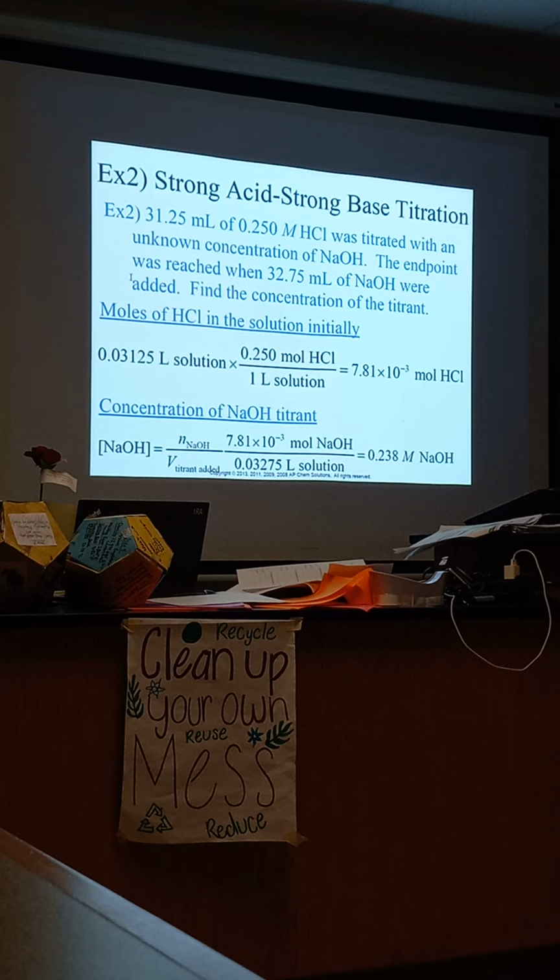How come the moles are the same? Oh, it's because it's at the end point. The whole idea, the whole underpinning of titration, the whole reason we do it, comes down to one simple truth: when that color changes, we assume that acid moles equal base moles. Wouldn't that be the equivalence point though?